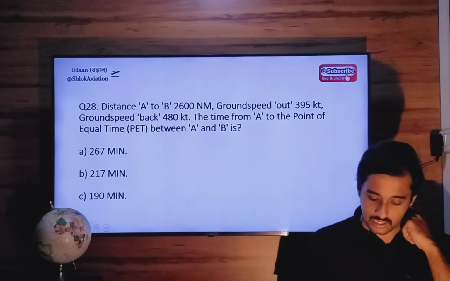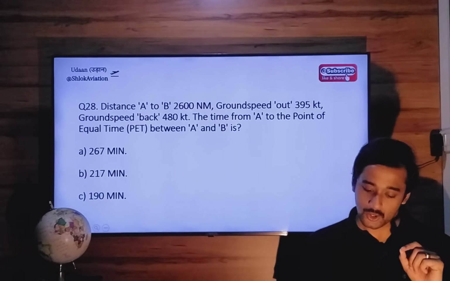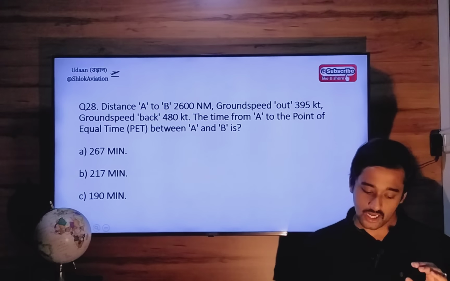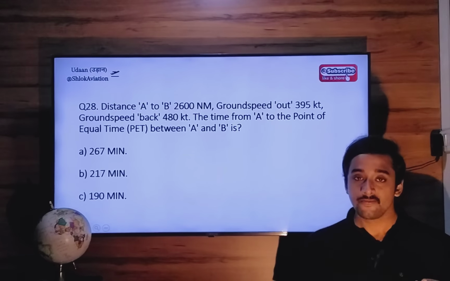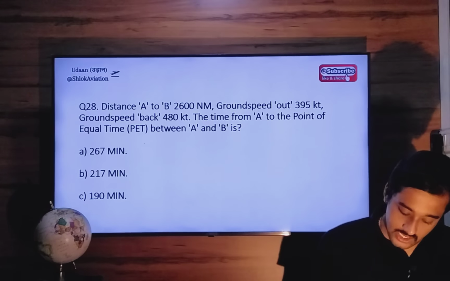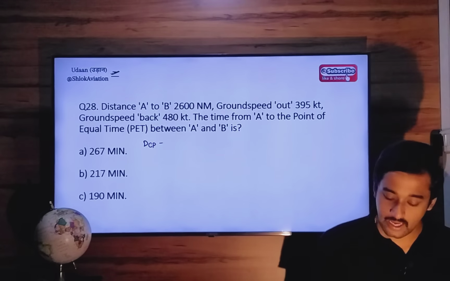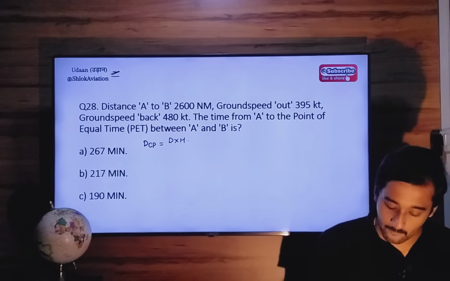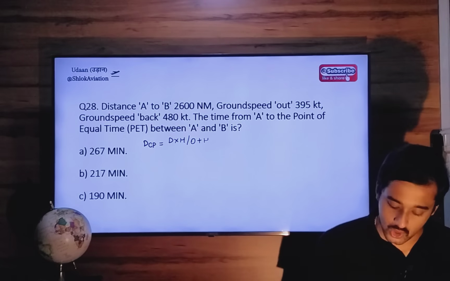Question 28. Distance is given to you. Outbound speed, homebound speeds are given to you. The time from departure to the point of equal time is what? We are going to directly use the formula. Distance to point of equal time or critical point is total distance multiplied by homebound speed divided by outbound plus homebound.